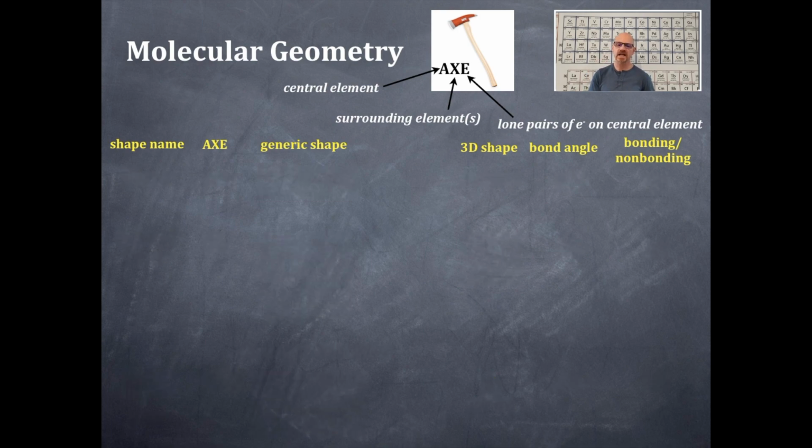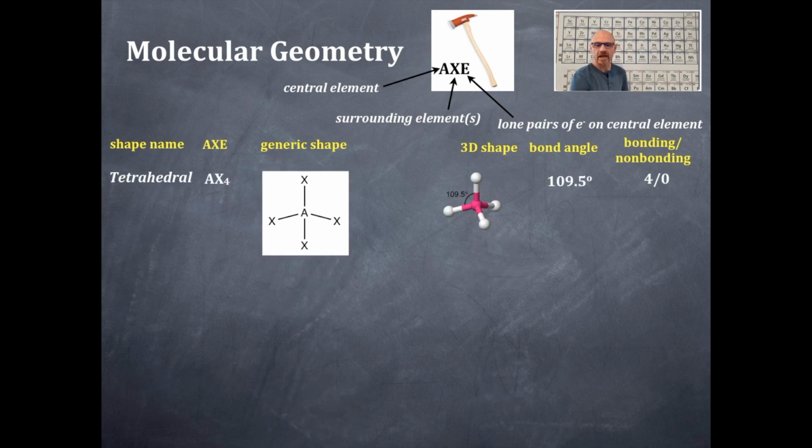Okay, another set here is going to be here, and this is tetrahedral. Tetra is for four, so that's why the generic structure is A, the central element, and X4. So tetrahedral looks like this. This is tetrahedral. The black thing in the middle is the central element. That's the A. And the white things on the outside, those are the X's.